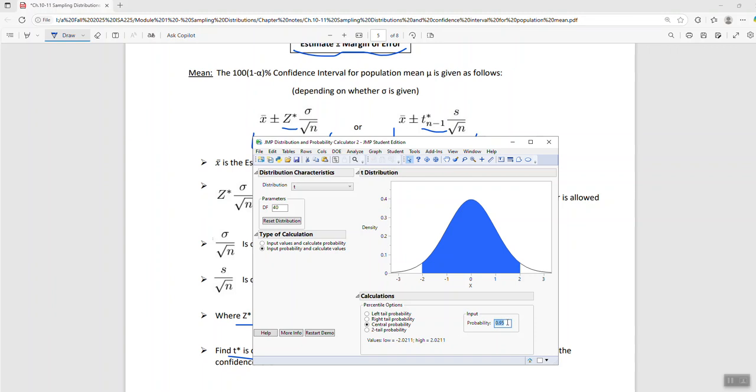And for 0.90, a 90% confidence level, your T star will be 1.68. So it doesn't matter whether you use the Z star or the T star: when the confidence level increases, the middle area is larger, and your corresponding critical values will also be larger.